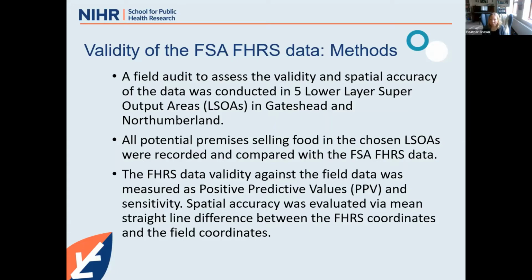All potential premises selling food in the chosen LSOA were recorded and compared with those in the Food Standards Agency data. We assessed validity against the field data using positive predicted values and sensitivity, and spatial accuracy was evaluated via mean straight line differences. So we basically just looked at what the geographic coordinates were when we went to the site and compared those to the data, and then looked at the mean difference between the two.